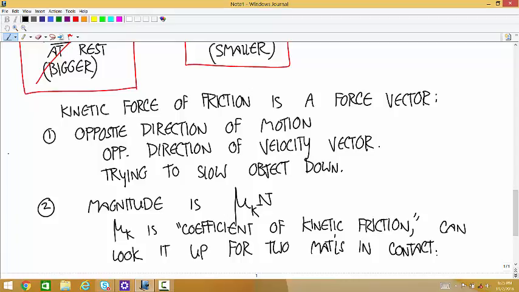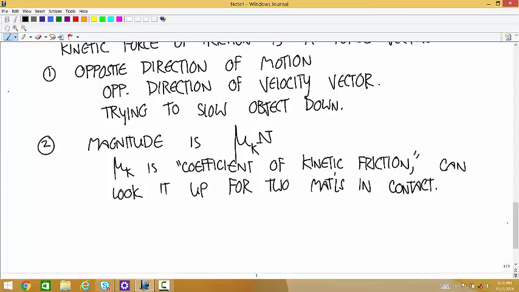So like you could look up the coefficient of kinetic friction for rubber and ice or something, and you can find a range of values on the internet. Steel and wood, whatever. Just two objects that are sliding against each other, you can find out that coefficient.